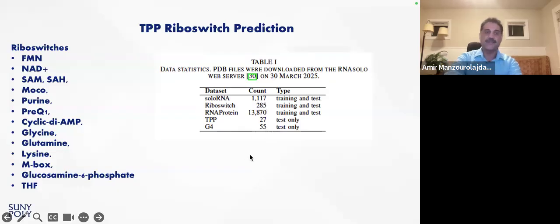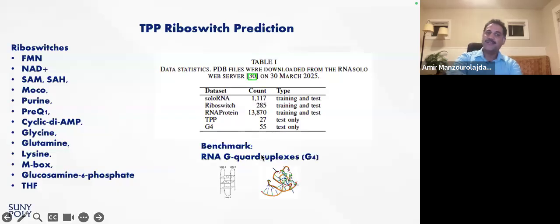We also had 27 TPP riboswitches, and of course we needed a benchmark, so we used another unique structure as a secondary test set. We used G quadruplexes because they have such a specific structure that's not similar to base pairing.